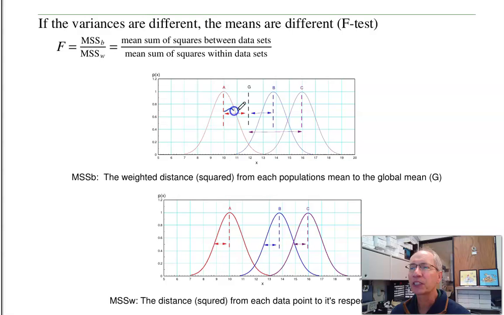So it'll be A's variance, B's variance, C's variance. Add those up. I get the mean sum squared within columns, within data sets. Take the ratio, I get the F-score. Now an F-score close to 1 means basically the 3 means are the same, and F-score much different than 1 means at least one of the data sets is different, meaning one of the means is different, it was a different population. So that's kind of the idea.